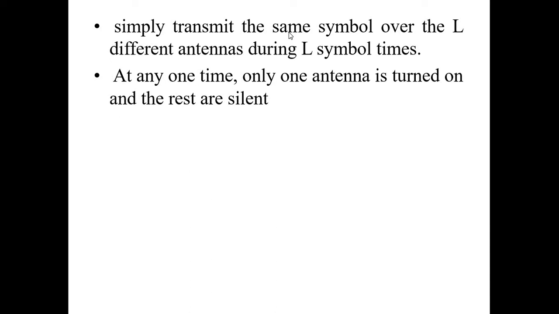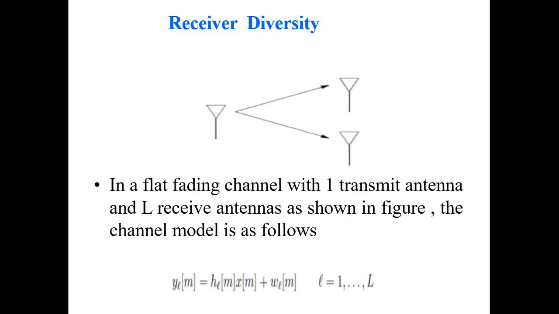The same symbol contents, the same data rate, the same message, are transmitted over more than one antenna element for the same symbol duration, and at one time only one antenna is turned on and the rest are silent. So this is one mode of approach we follow in transmit antenna diversity.